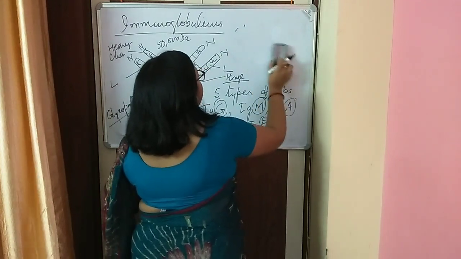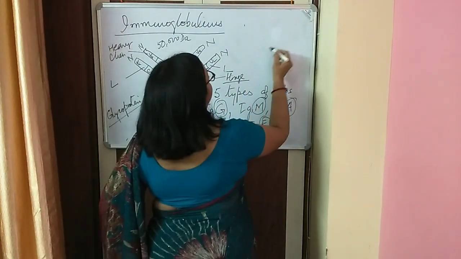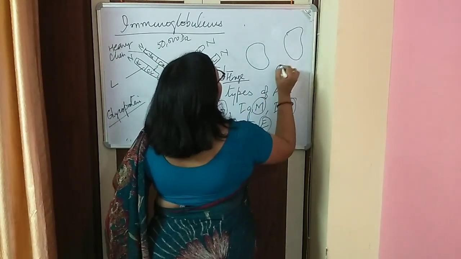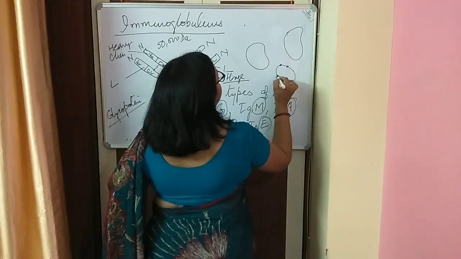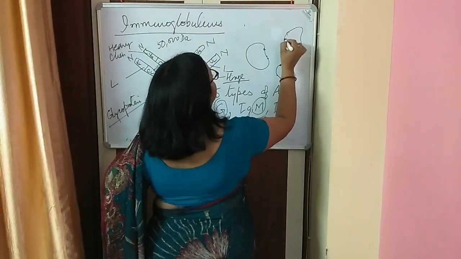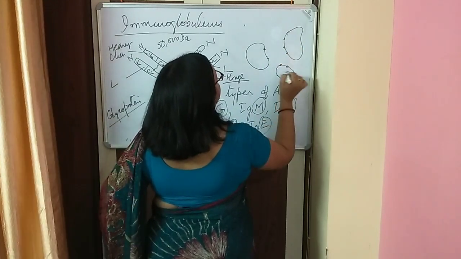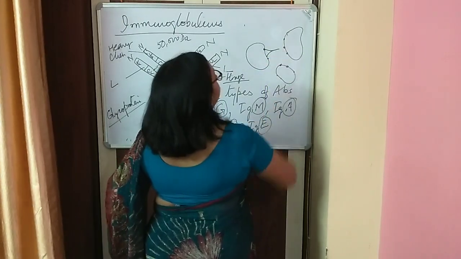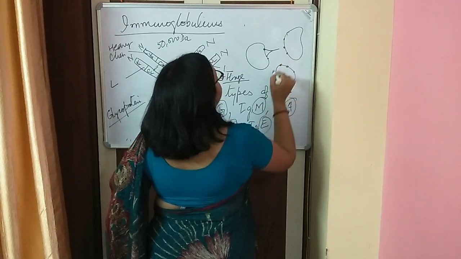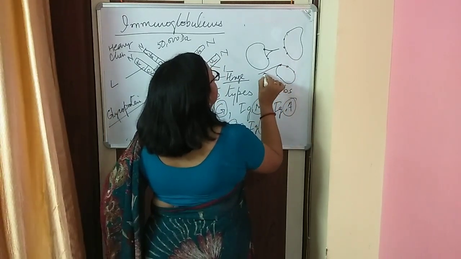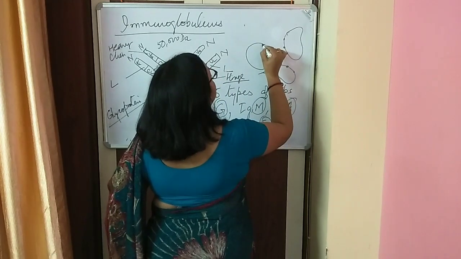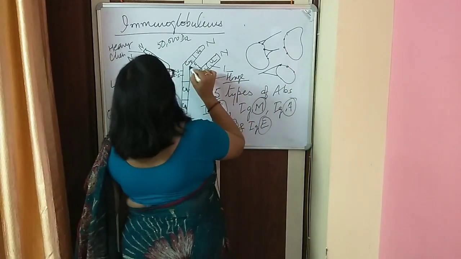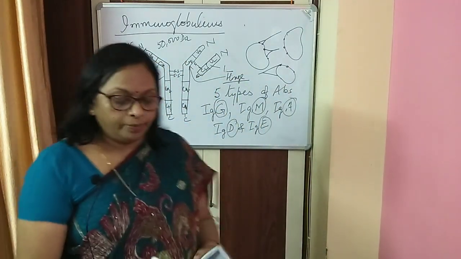Suppose 2-3 different antigens or microbes are there. Sometimes the antibody may bind like this, and sometimes like this. Suppose 2 antigenic determinants are very close, it will bind like this. So this provides flexibility to the antibody structure.